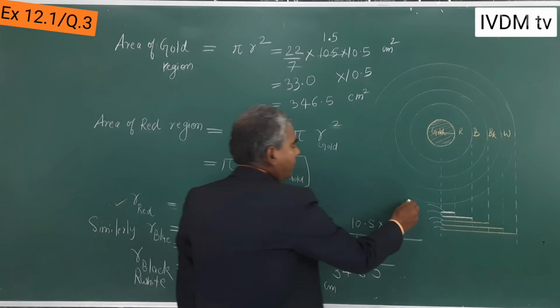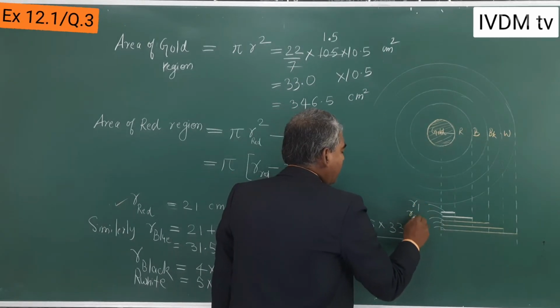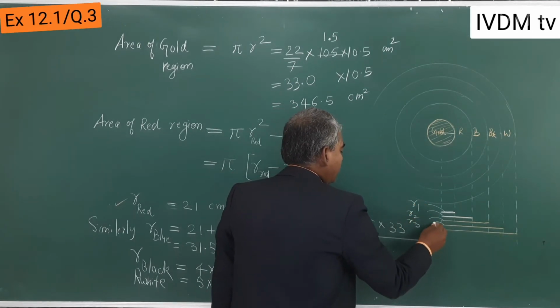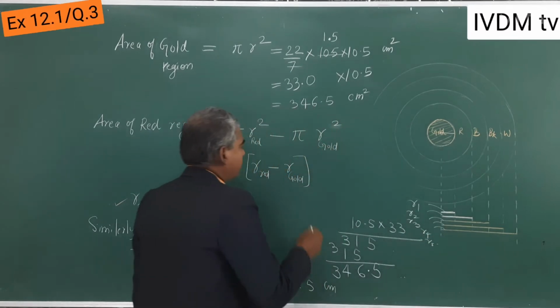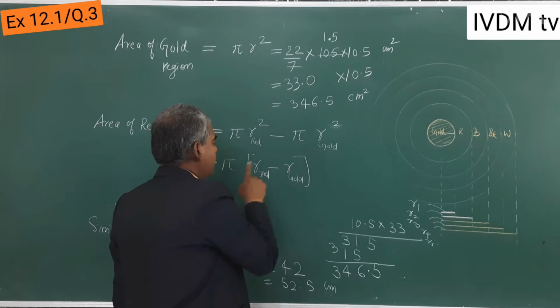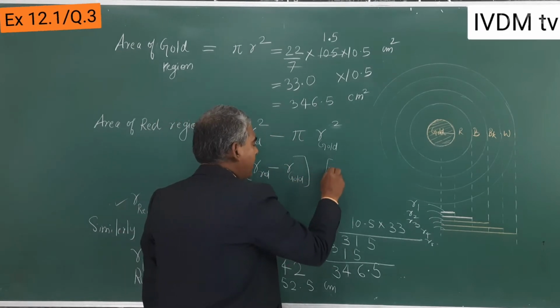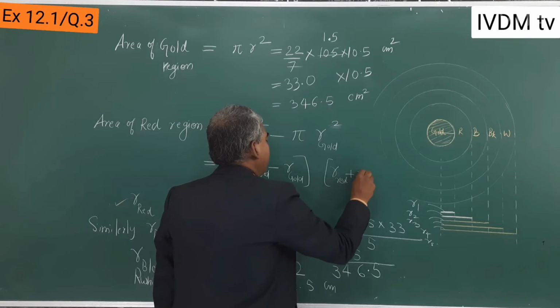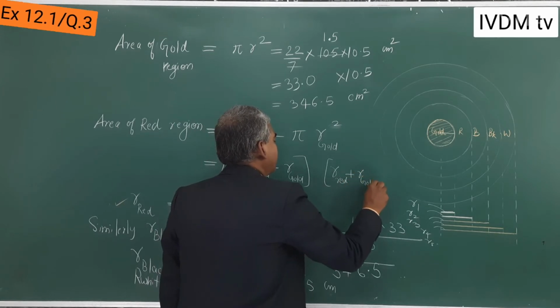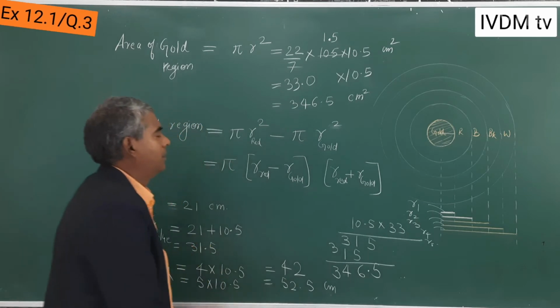Earlier it was r1, this is r2, this is r3, this is r4 and r5. So a square minus b square, that is a minus b multiplied by a plus b, means r red minus r gold times r red plus r gold, times pi.